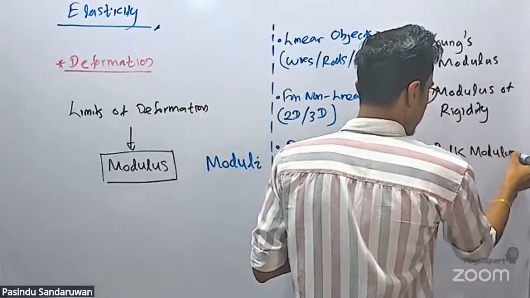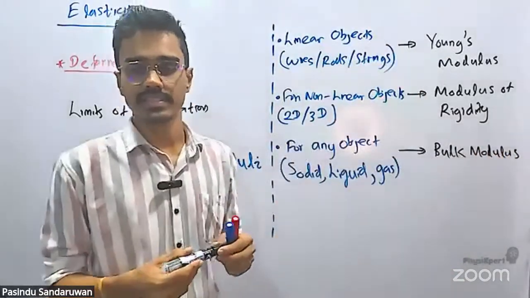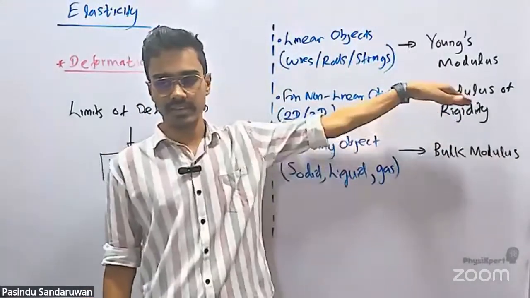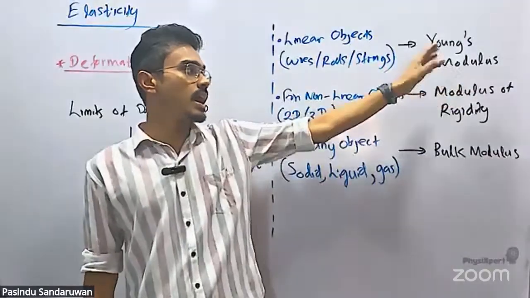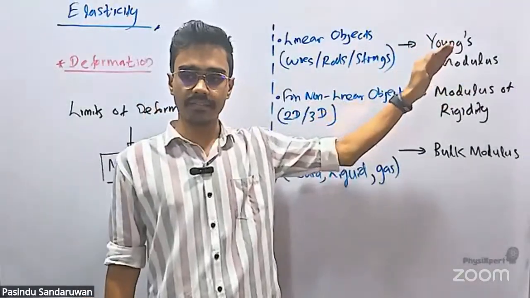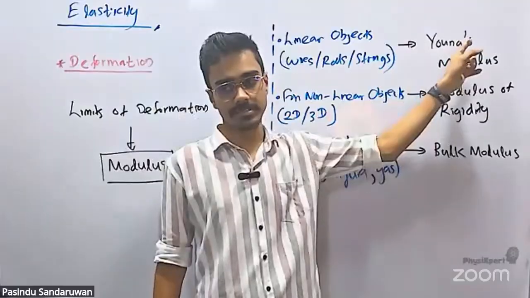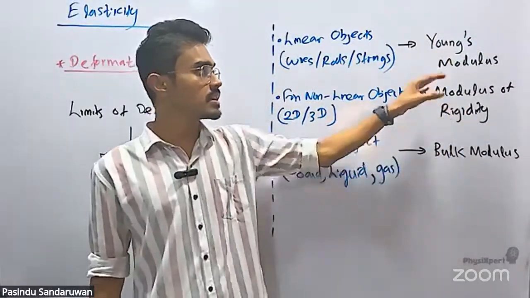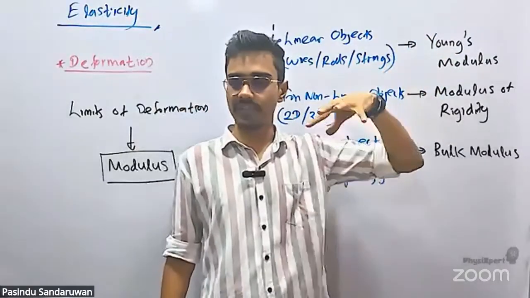Now here onwards, listen, this lesson is all about these three moduli. And we have all three moduli, but when it comes to calculations, we have only Young's modulus for A-level physics.